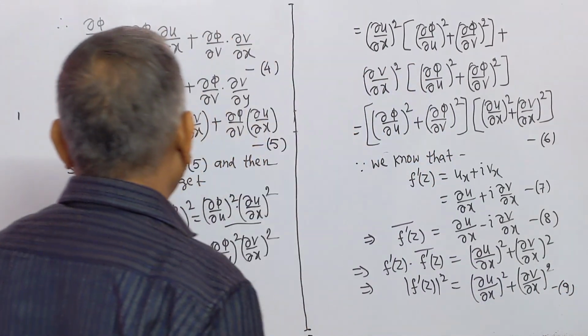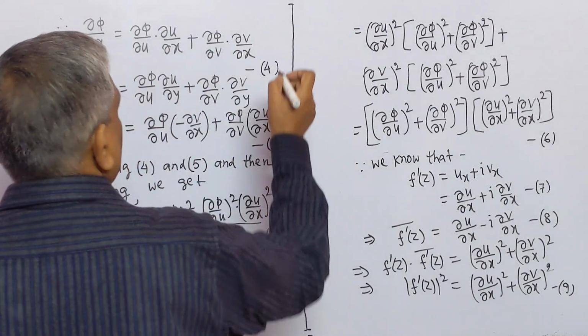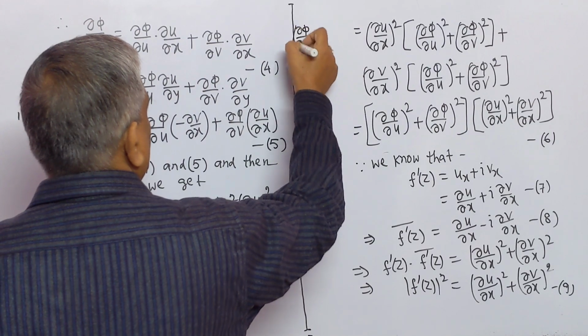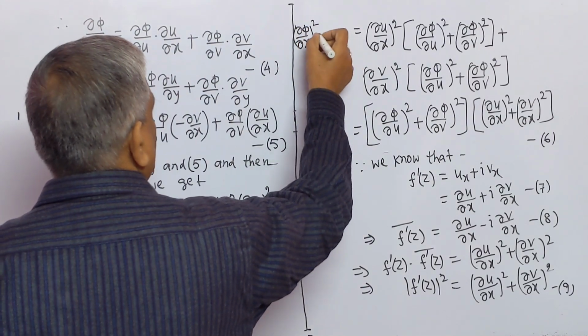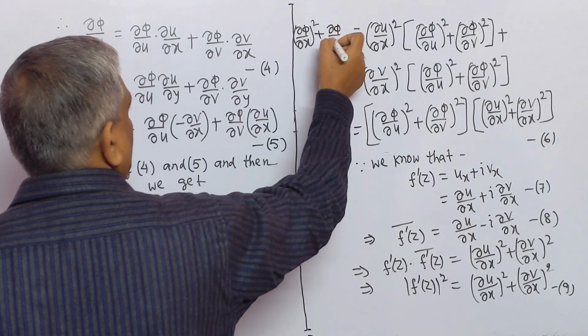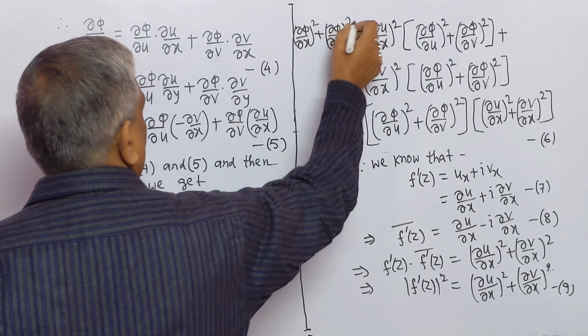Here the left side is del phi by del x whole square plus del phi by del y whole square.